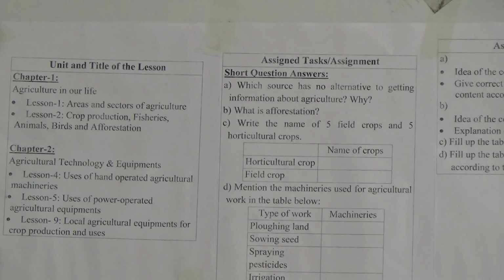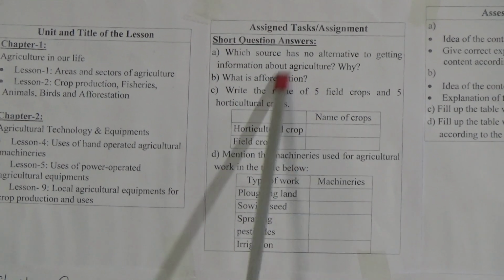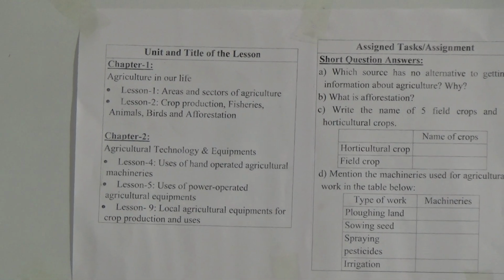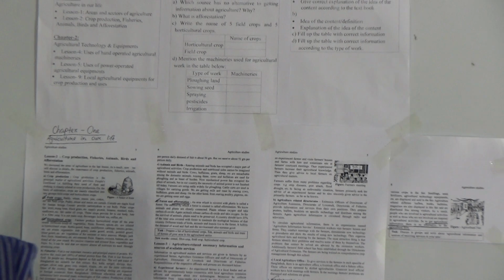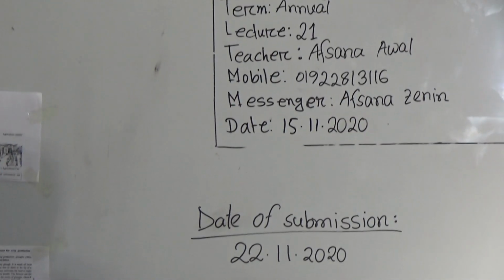So you have to follow this assigned task, and these are the chapters here, and from the book you can get some idea or information. Your last date of submission is 22nd November 2020.